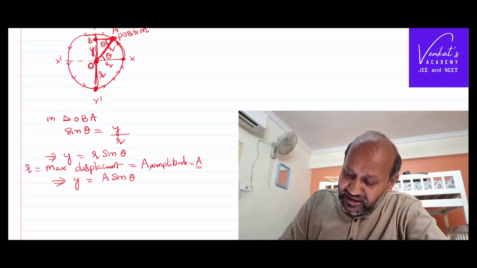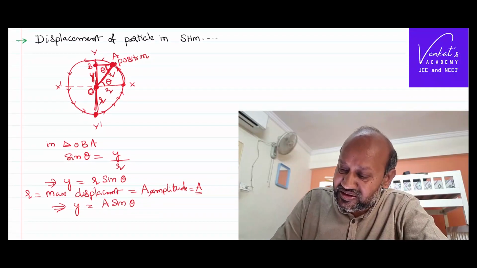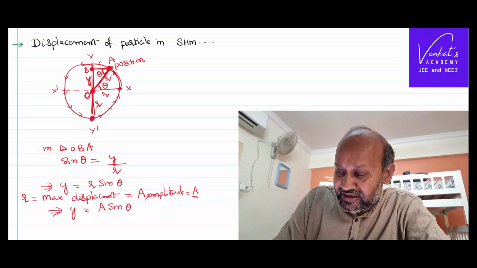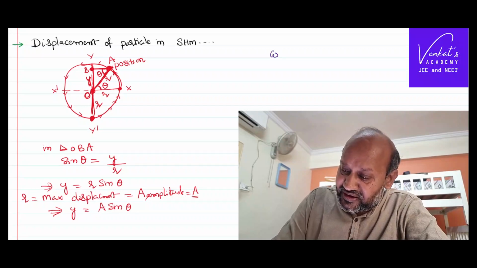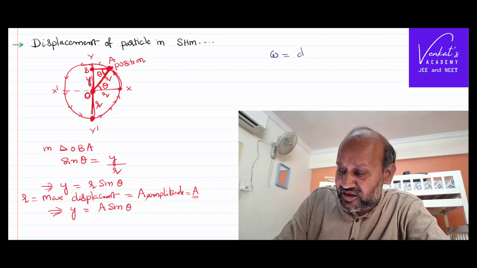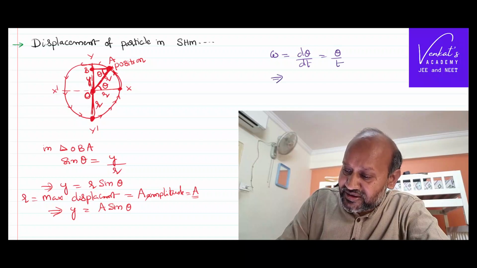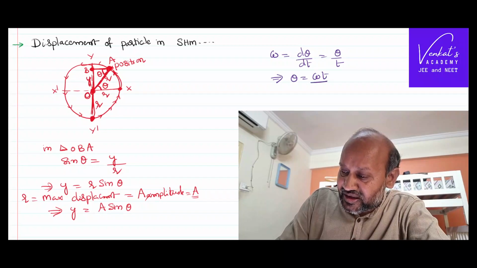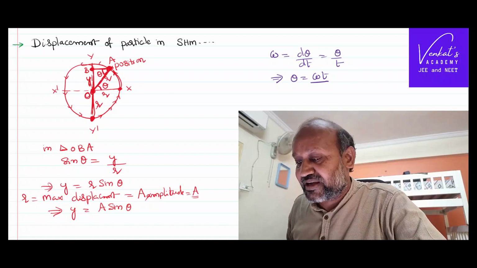What we can write further is regarding that angular displacement. We know angular velocity is defined in circular motion as omega equals d theta by dt, and if these values are large, I can write theta by t. That implies theta can be written as omega into t. t is the time after which that much angular displacement has happened.